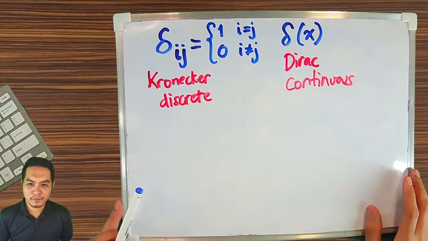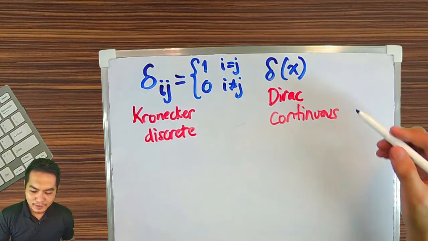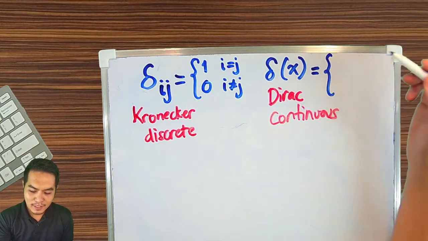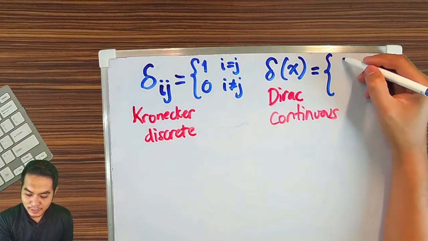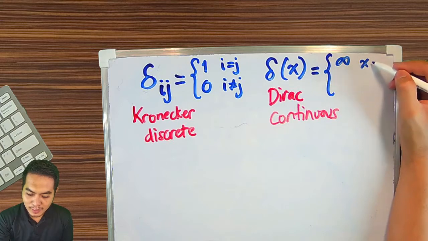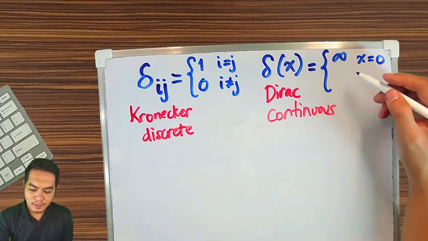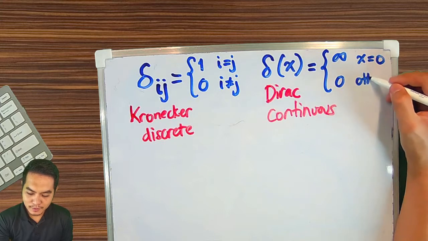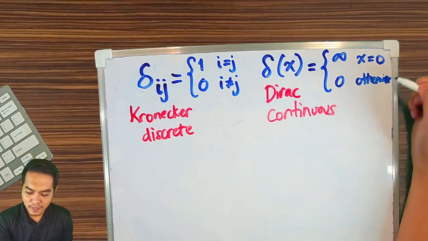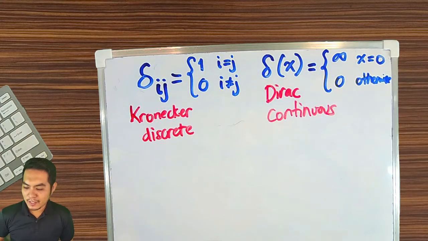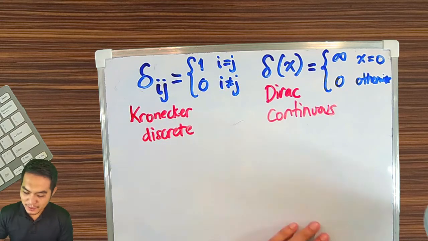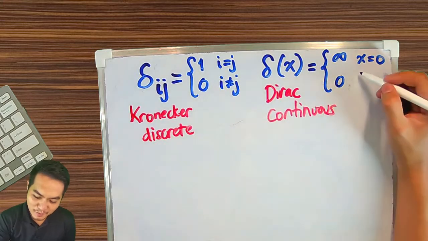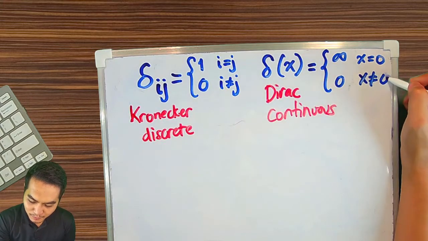On the other hand, the Dirac delta function has a value of infinity at x equal to 0 and 0 otherwise, that is, if x is not equal to 0.